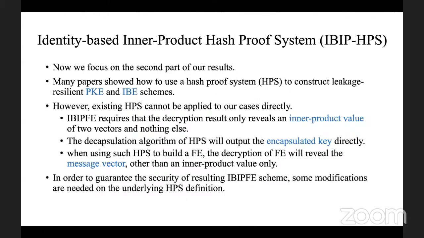But the encapsulation algorithm of HPS will output the encapsulated key directly. So when using such HPS to build an FE scheme, the decryption of FE will reveal the message vector, rather than an inner product value only. So in order to guarantee the security of the resulting IBIPFE scheme, some modifications are needed on the underlying HPS definition.